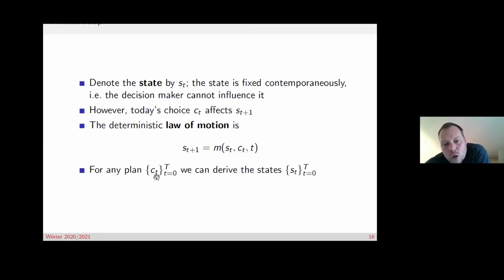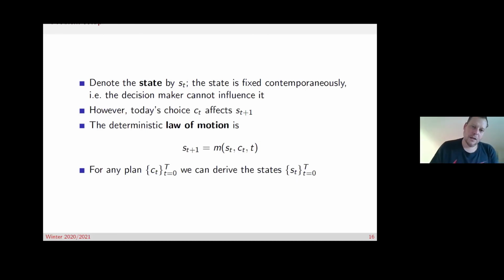I can choose the control, and at the same time, I also, in a sense, choose indirectly the sequence of the states, because for any plan that I pick, we have directly associated a sequence of states that I follow. Okay, and this is very straightforward.